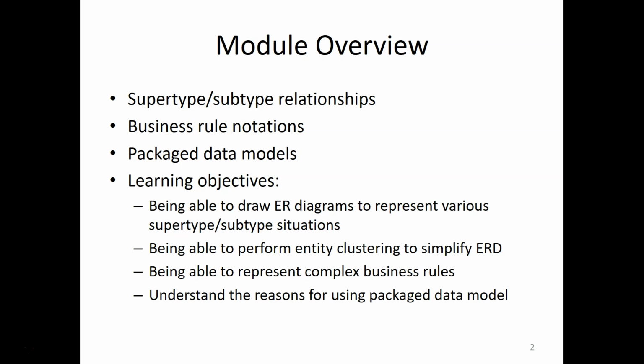Another key concept discussed in this module is packaged data model, which is widely used today. A packaged data model is most useful when one can easily customize it to the specific business. As long as the packaged data model is for the type of business or functional area, then it can be generally customized. The amount of customization depends upon the types of specialized business rules in place for the organization.